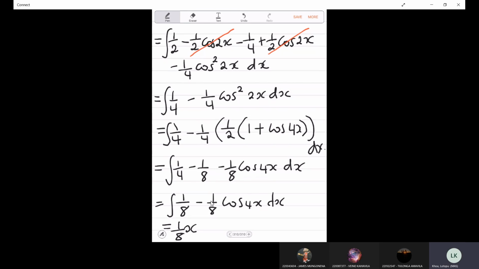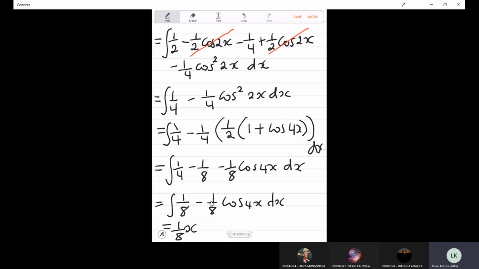Is that right? Why is my answer different here? 1 over 8. Okay, I don't know, I think something is wrong there.